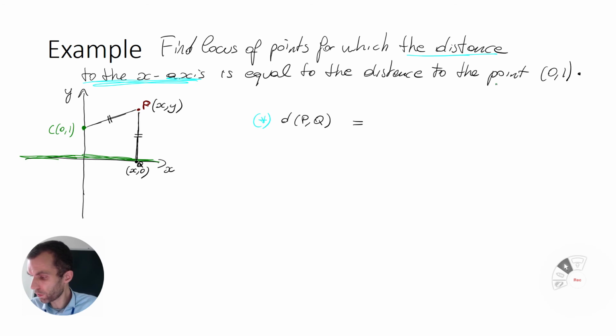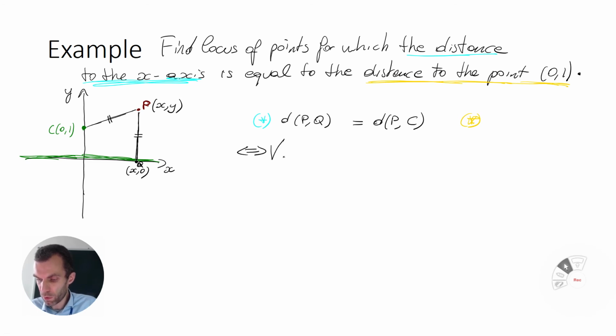So let's put another color. I haven't used my yellow. So on the other side, we'll put the distance to the point 0, 1. So that's dpc. Okay? That's our condition.